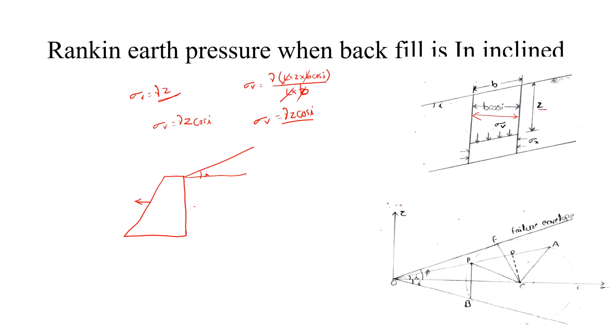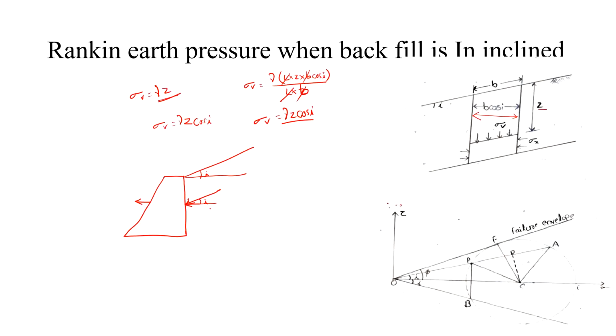That means it will move away from the backfill, and soil pressure is also acting like this. Here the backfill is inclined, so we have to mention the active pressure or horizontal pressure like this. In this way we have to mention it, as well as the angle between the normal and the acting earth pressure, we can have i angle.